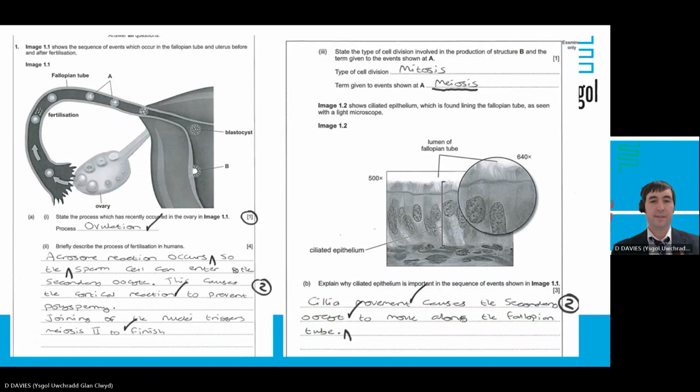Okay, so he got the ovulation correct. Okay, so there are again words missing here. Terms missing. What were the terms that he missed there? Okay, so type of cell division, term given to the event shown at A. Okay, so cleavage, yeah, he's misunderstood.